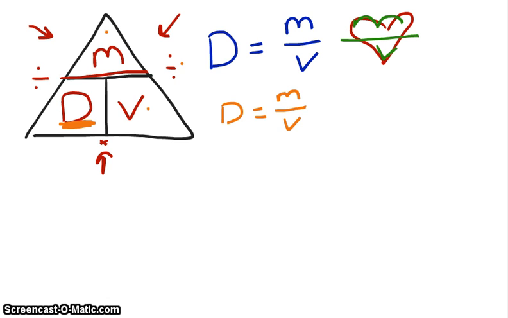Say I'm looking for volume. Cover that up, and I see that it's mass divided by density. Alright, and then let's say I'm looking for the mass. If I cover that up, I see it's density times volume.